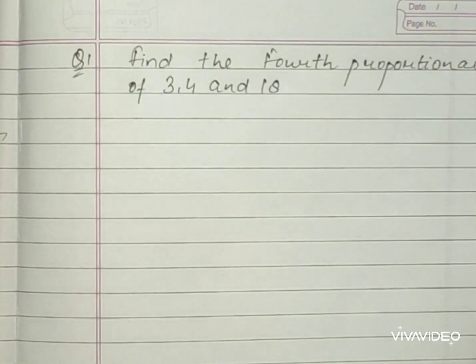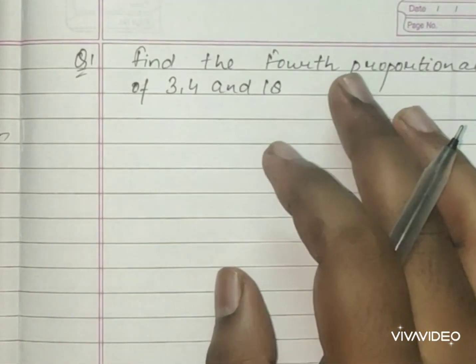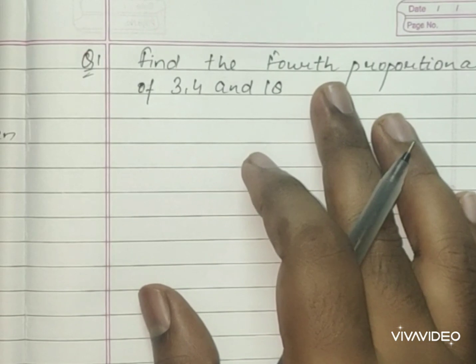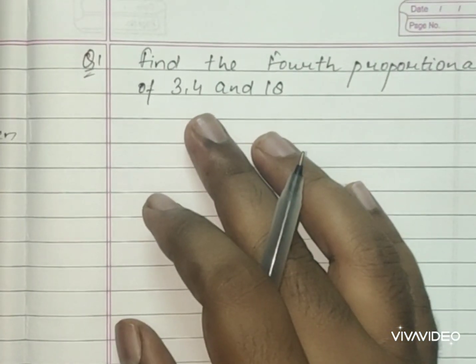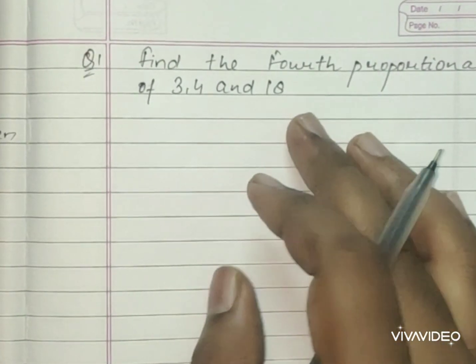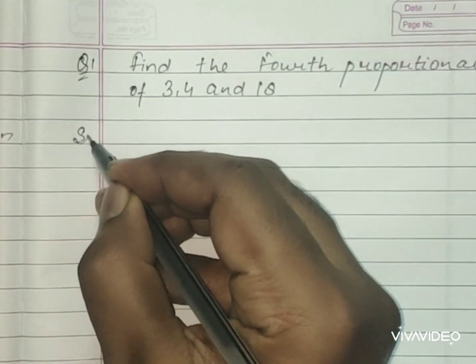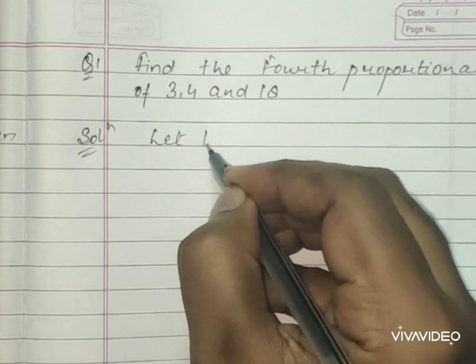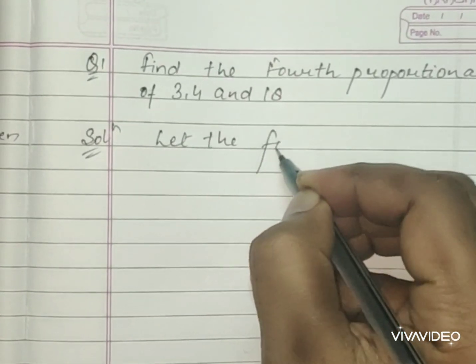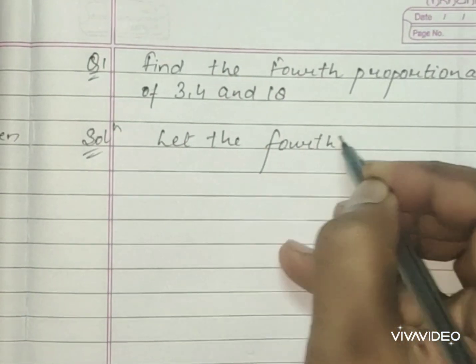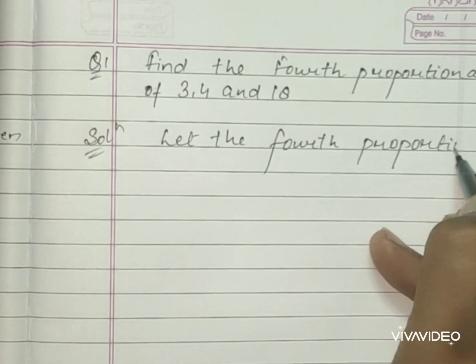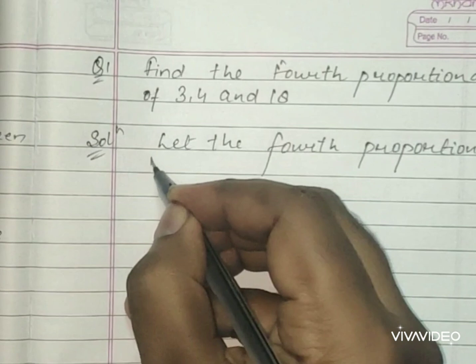So now let's see a question based on the proportion. The question is saying that find the fourth proportional of 3, 4 and 18. So let's see how to solve it. Let the fourth proportional be x.